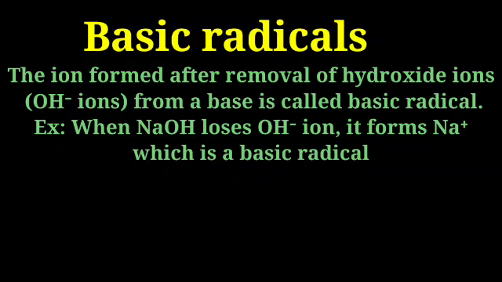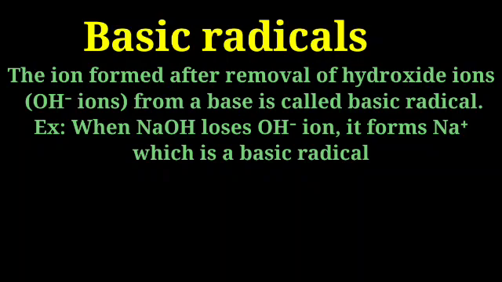Now we will talk about basic radicals. The ion formed after removal of hydroxide ion, OH minus, from a base is called a basic radical. In the case of acid, H plus ion is removed, but in the case of base, hydroxide ion is removed, and then positively charged particles are formed.